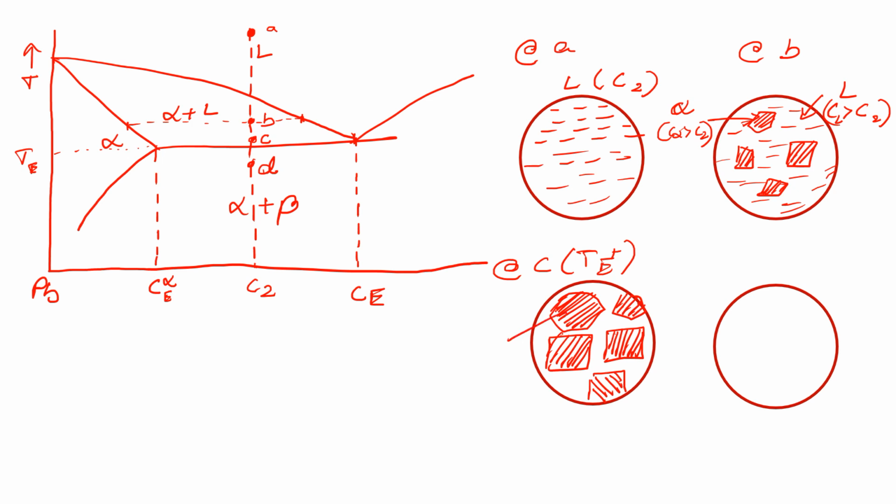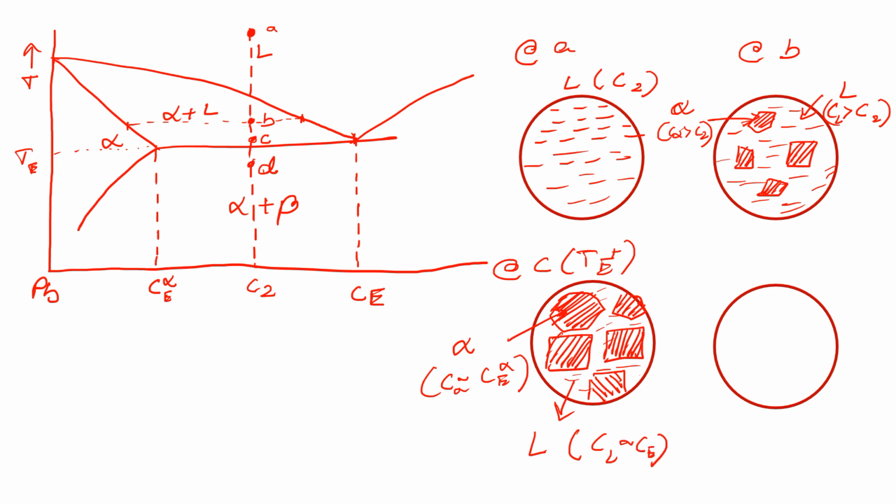So we have alpha here, whose composition is just close to C alpha E, and the remaining part is liquid, with liquid of composition just close to CE.